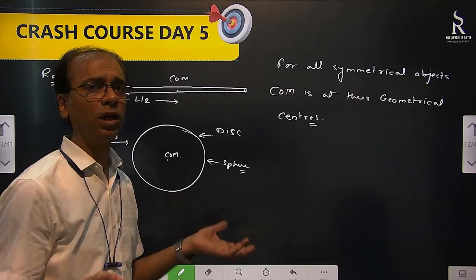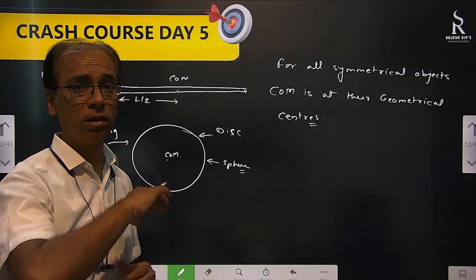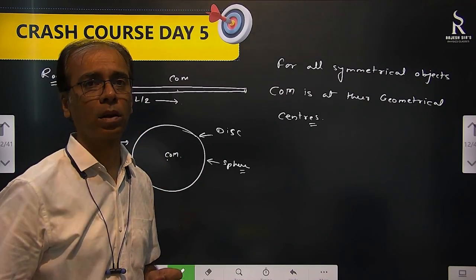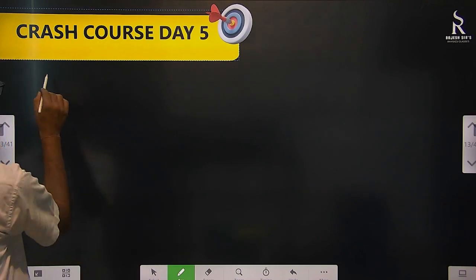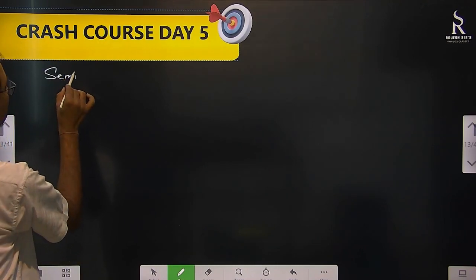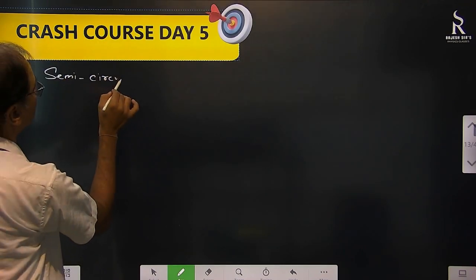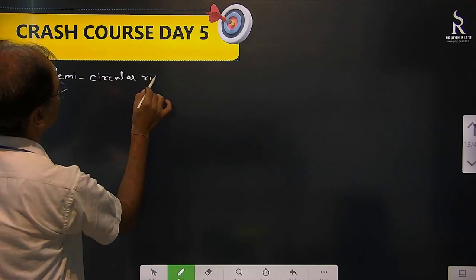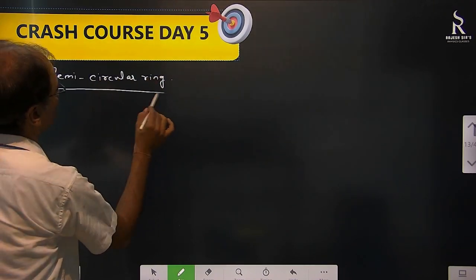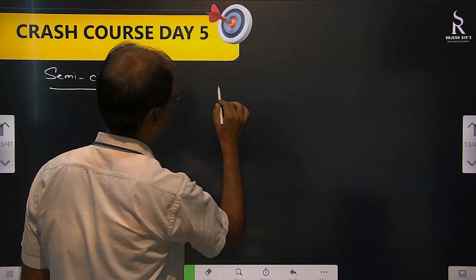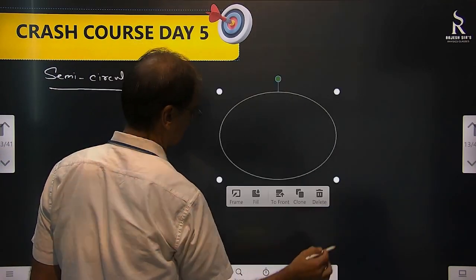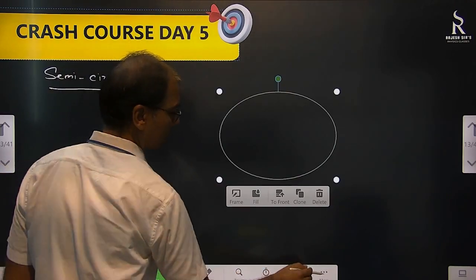But if we change its symmetry, its shape, like say a semicircular ring, a semicircular ring means it's not symmetrical. Okay, so you have a semicircular ring.